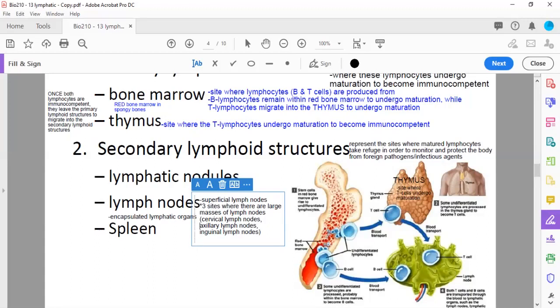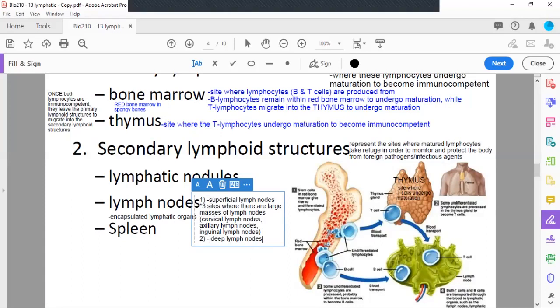Now, if you have superficial lymph nodes, you must have what's known as the deep lymph nodes. All right. Now the spleen. If you ask where you can find the lymph nodes, they're everywhere.